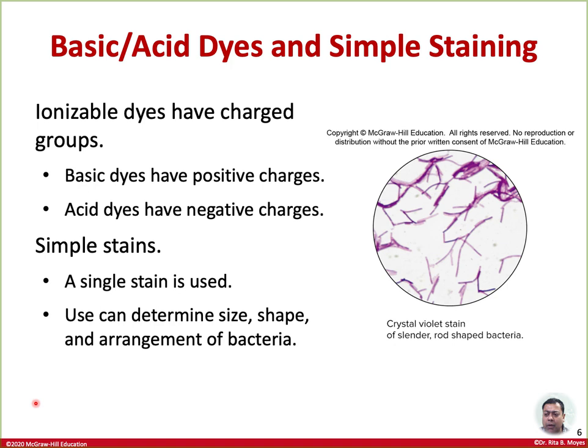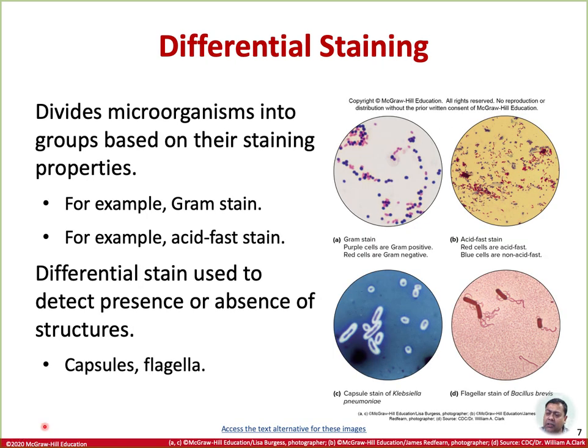Now, in the next slide, we are going to talk about another type of staining, which is differential staining. Differential staining can divide microorganisms into groups based on their staining properties. Essentially, more than one type of stain is going to be used in differential staining.